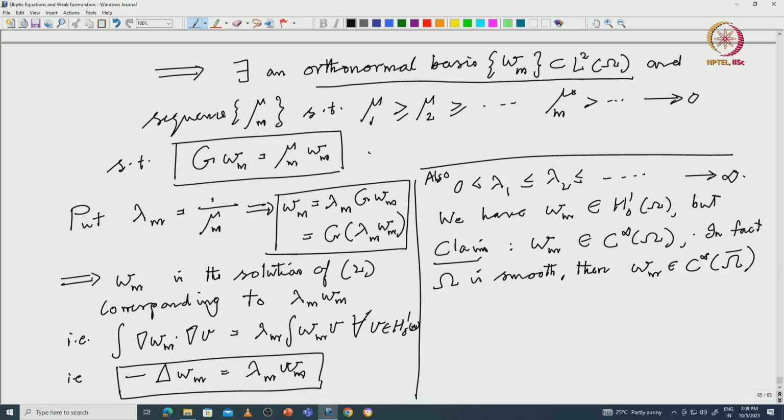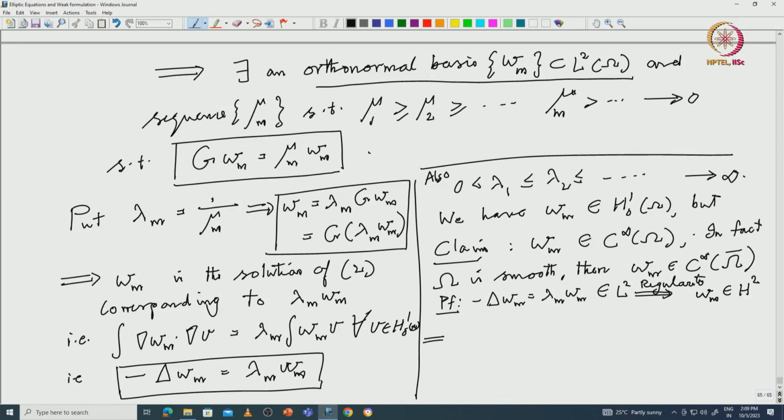How do you see this? This is a quick proof, not difficult to see. Since Laplacian of Wm is equal to lambda m Wm, this is in L2. So by regularity, Wm, which is a solution, is in H2.